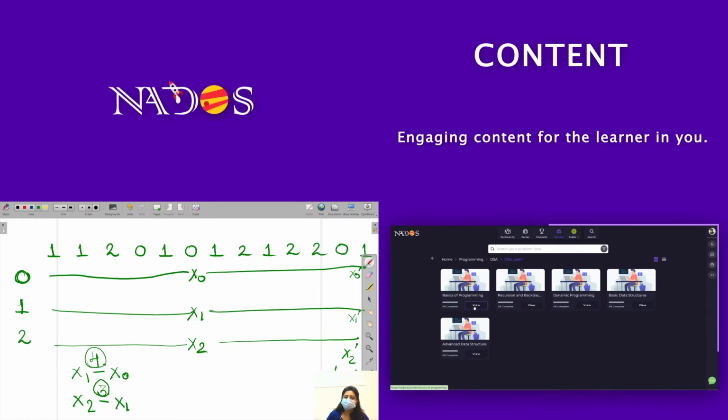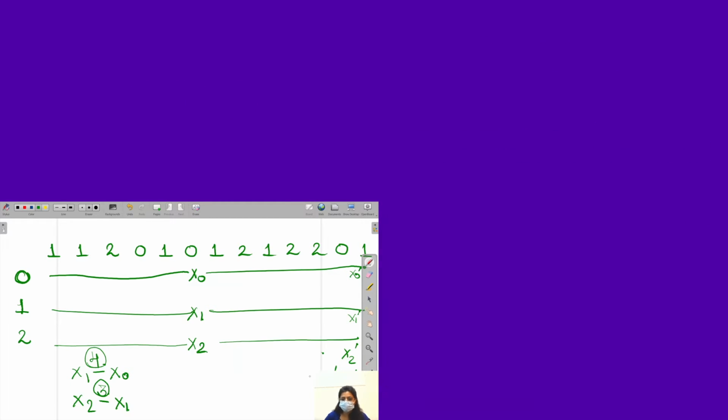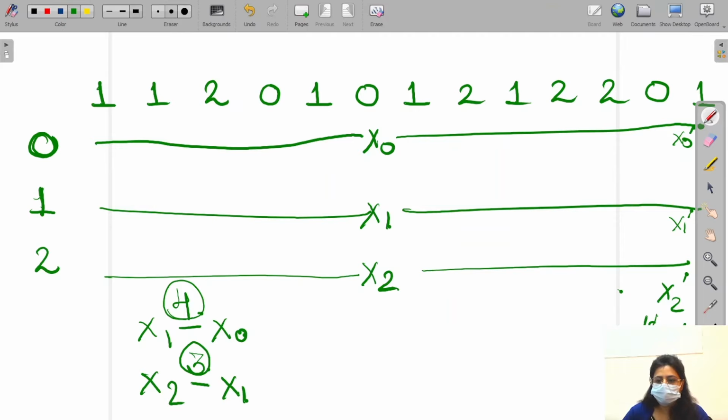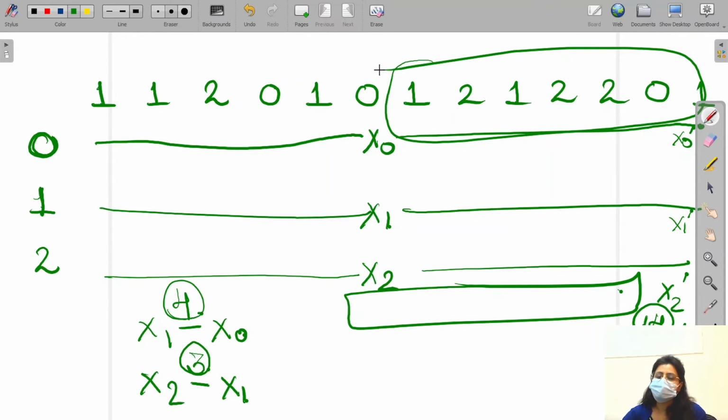If the difference from this point to this point is similar to that from this point to this point, that is, the difference here is also 4 and 3, what would this mean? It means that from this till this point is a subarray which contains an equal number of zeros, ones, and twos.